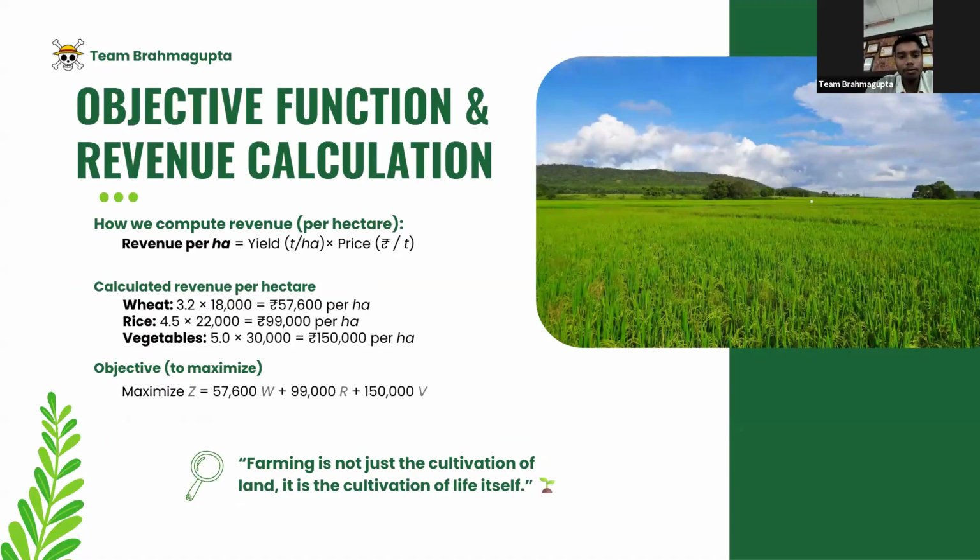According to the given data, wheat yields 3.2 tons, and multiplying by the market price, we get 57,600 rupees per hectare. Same with rice, we get 99,000 rupees per hectare. And from vegetables, we get 1,50,000 rupees per hectare. Our objective is to maximize the revenue without using too much water and budget.